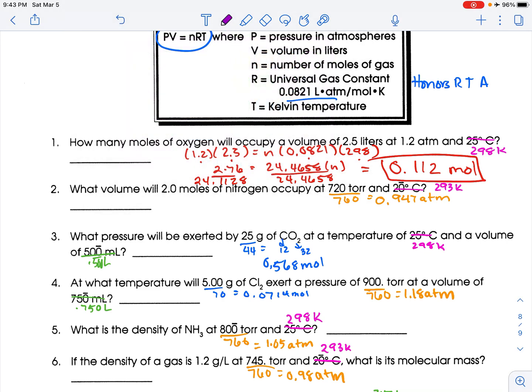What volume will 2 moles of nitrogen occupy at 0.947 atmospheres and 293 Kelvin? So I had to convert to have all of our units correct. We're looking for volume.